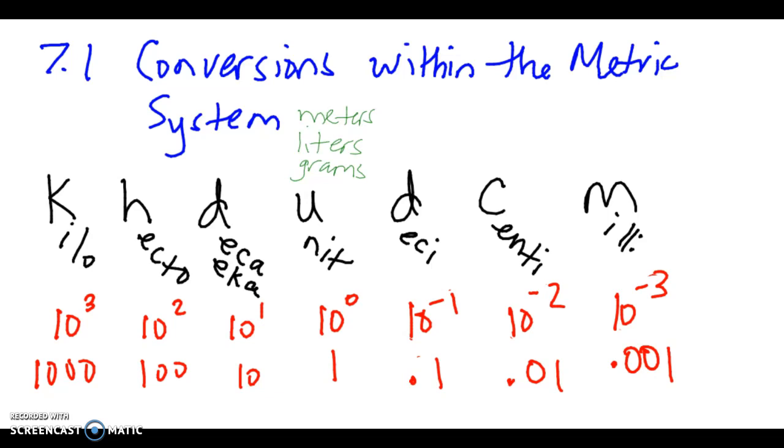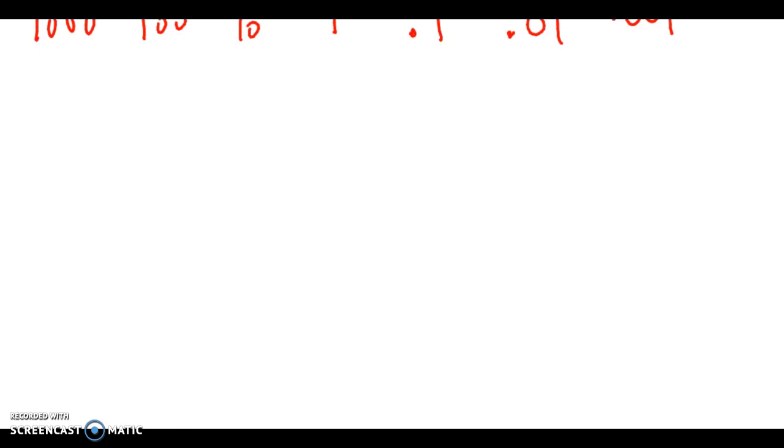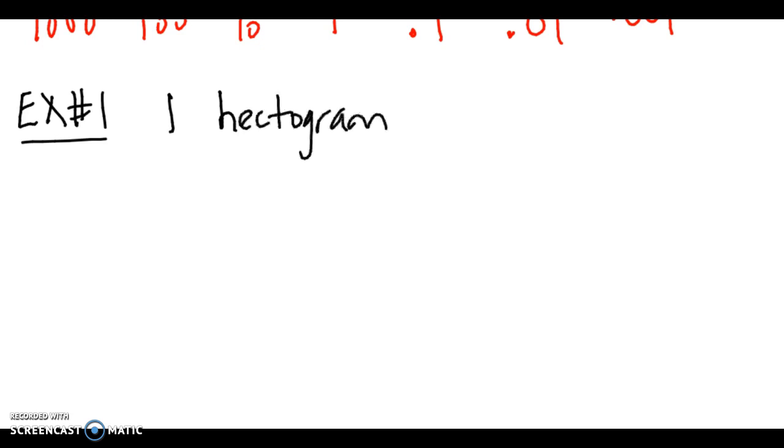Now, this can be kind of confusing, so there are a couple of ways we can convert between units, and I'm going to show you both ways. First, let's look at this method. So let's say we were given 1 hectogram, and we were asked to find how many grams were in the hecto.